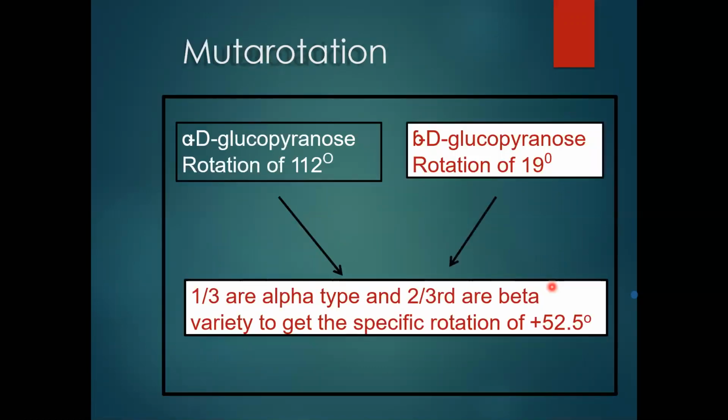That's the reason for the change between the alpha and beta form, or there is a change in their conformation. Alpha D glucopyranose has a structure which has a rotation of about 112 degrees, whereas beta D glucopyranose has a rotation of about 19 degrees. One third of the molecules are alpha and two thirds of the molecules are present in the beta variety.